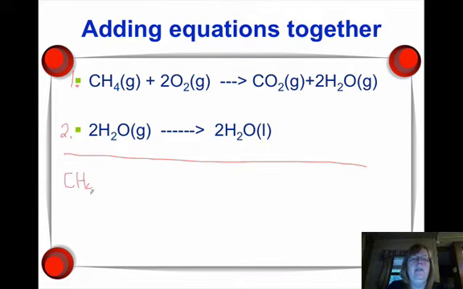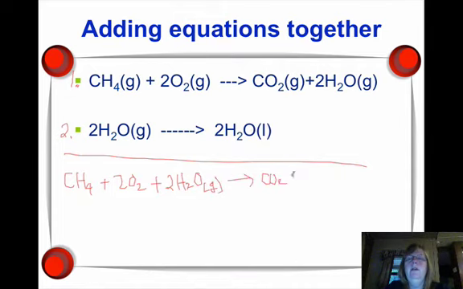So we have CH4 and 2O2 and two waters in the gas phase, and that's going to equal CO2, two waters in the gas phase, and two waters in the liquid phase.